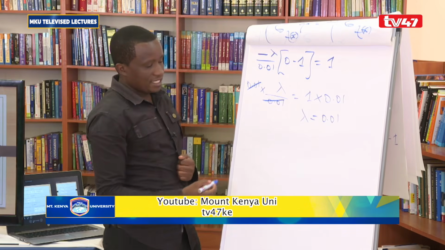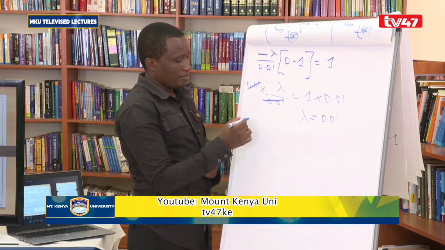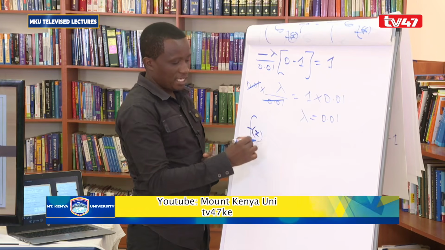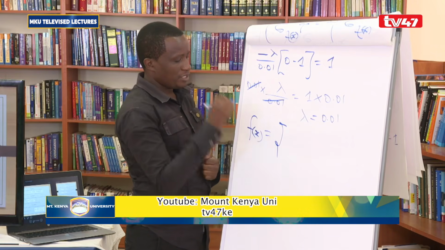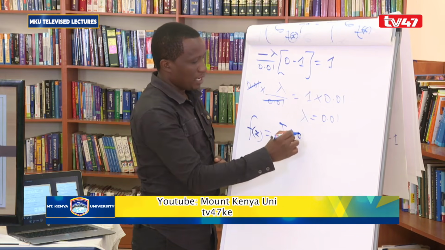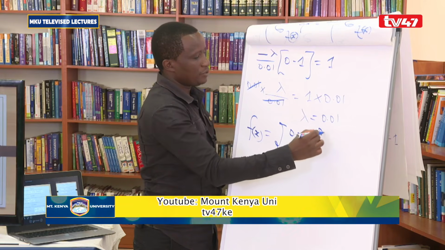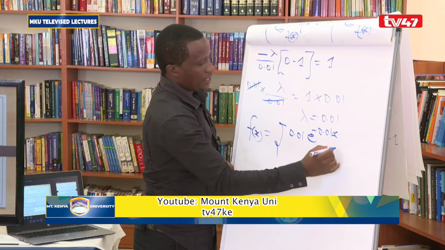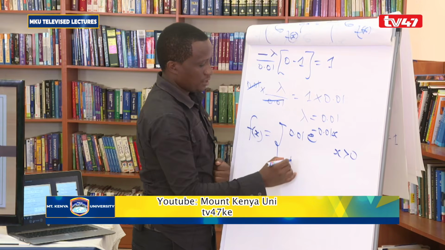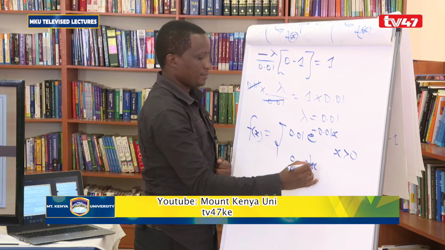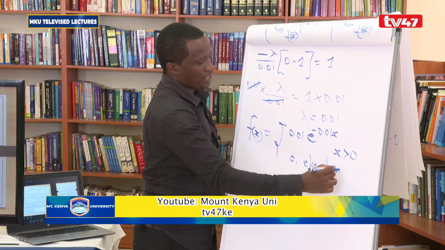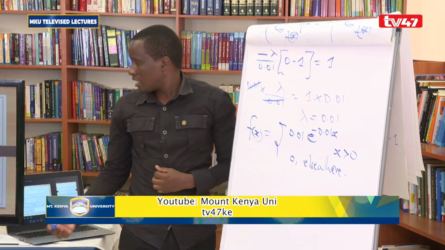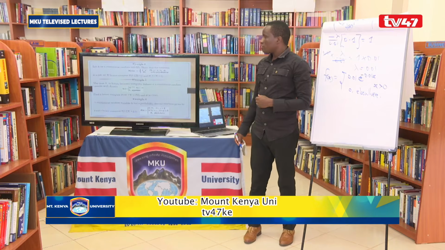So it means that our PDF is expected to be f of x equal to 0.01 exponential negative 0.01x for x greater than 0 and 0 elsewhere. And therefore, we can use this PDF to answer the other parts of the question.